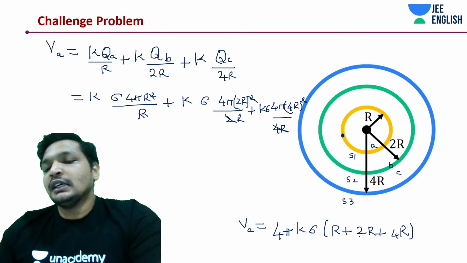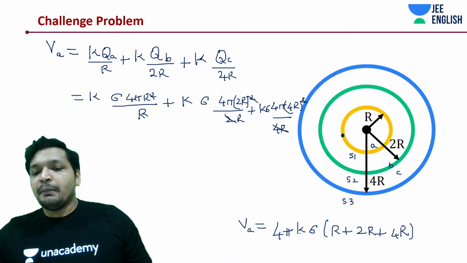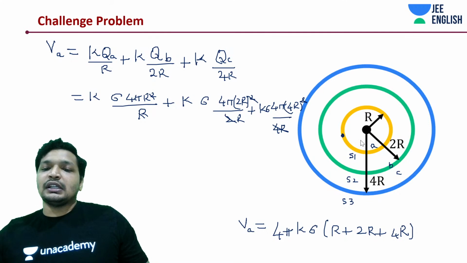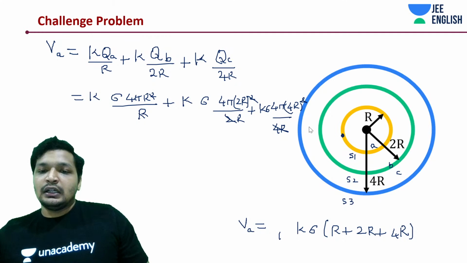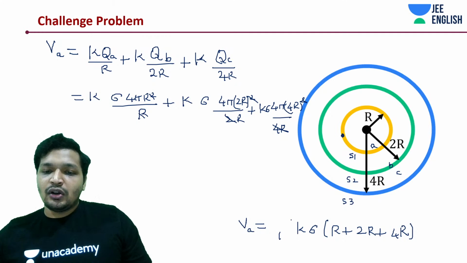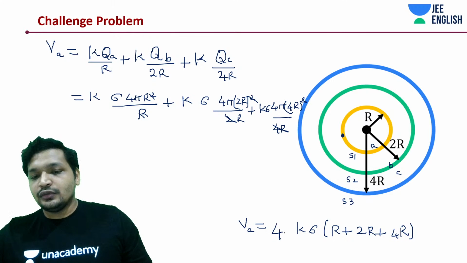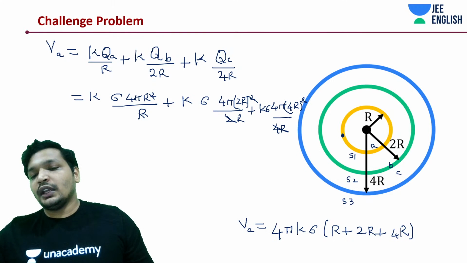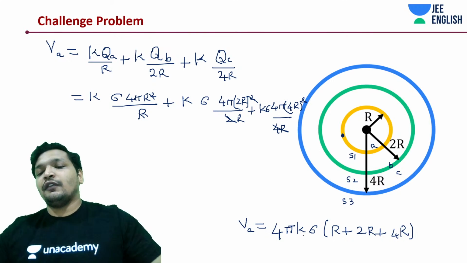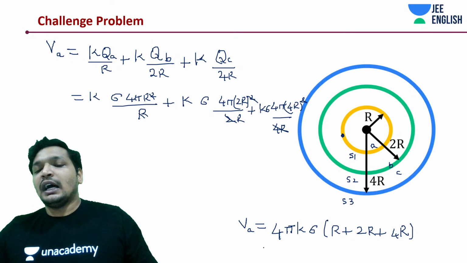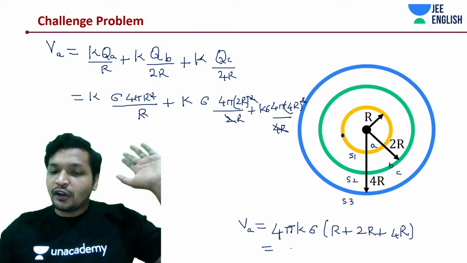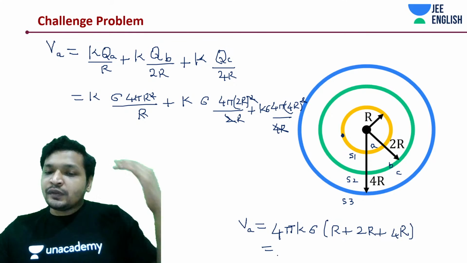This is nothing but 7R, but I'm going to keep this term as a constant value. Okay, 4 pi k sigma as a constant value, and just operate around R, because at the end of the day you'll understand that always do this in your problem.